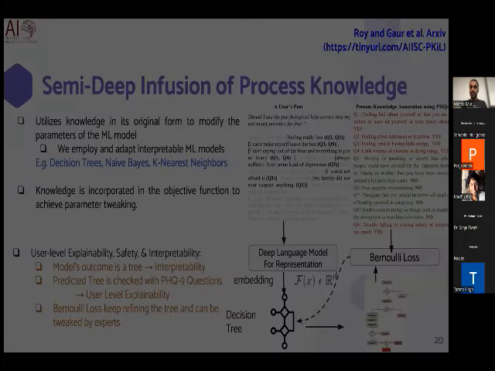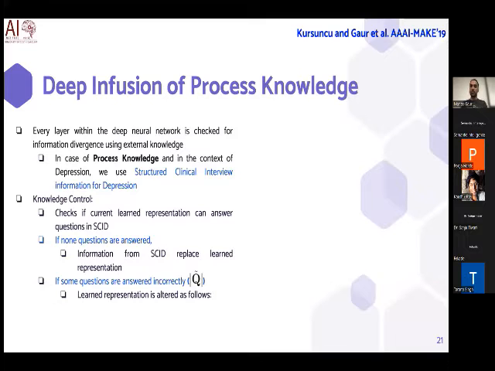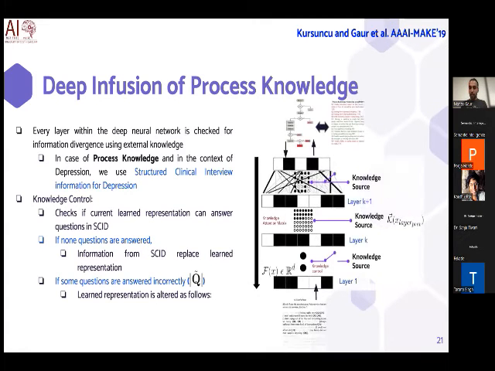We use pre-trained deep language models for representations, and in deep infusion we are trying to develop a new set of deep language models that, while learning, match their latent representations with some of the information in the questionnaires. So there is a knowledge control.